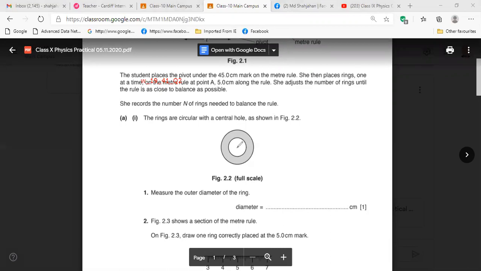Which one is the external diameter? This one, right? Here is your center, and through this center you have to draw the diameter. If you measure the length, it will come 2.2 centimeter, huh?